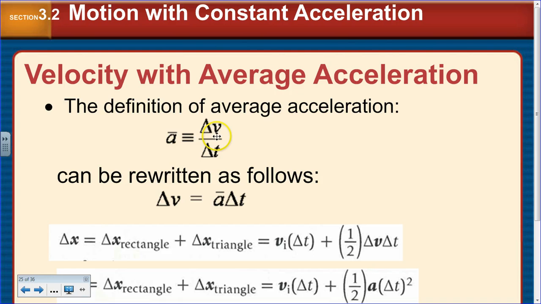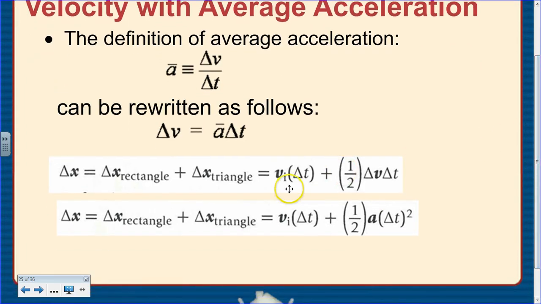Now, let's figure in acceleration. We said that acceleration is change in velocity over change in time. If we manipulate the equation, the change in velocity is acceleration times time, which means we can substitute acceleration times time in for the change in velocity here.